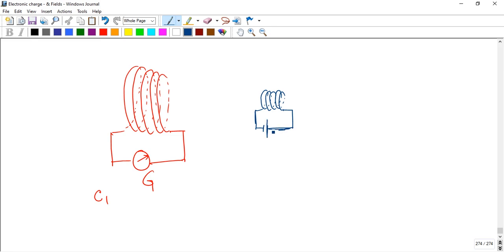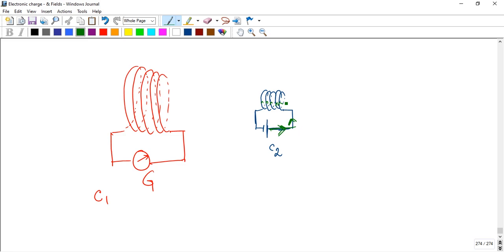Suppose this coil 2 is connected to a power source, so there is a current in some direction.